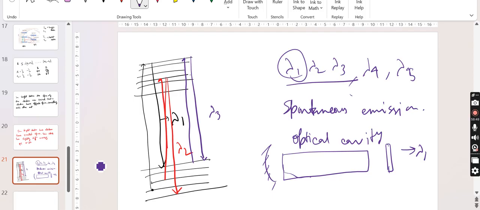Now if we change the length of the optical cavity, maybe we'll get lambda 2 and lambda 3 and so on and so forth.